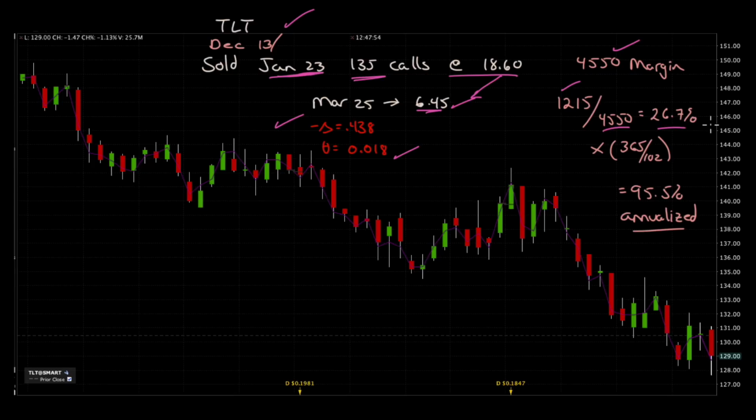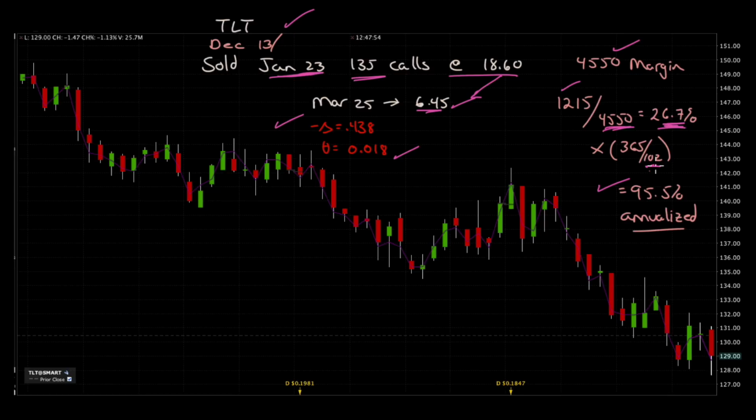It's a 26.7% return. And your margin wouldn't have decreased because you had sold an in-the-money call, so it would have stayed at 45.50. 26.7%, but it's only been 102 days. So if you multiply it by 365 over 102, you get a 95.5% annualized return on that one.